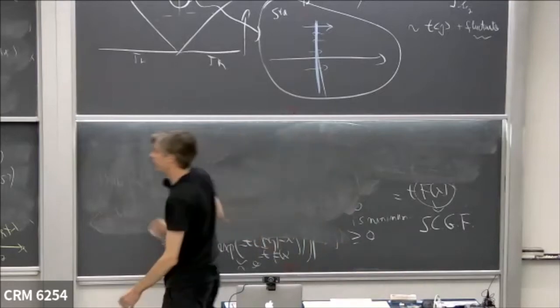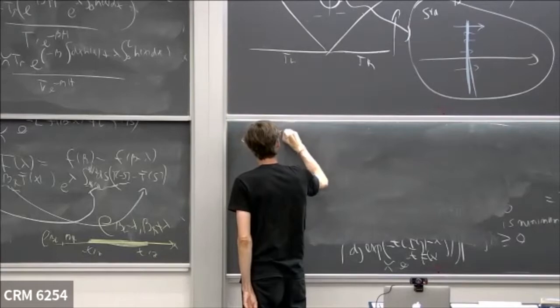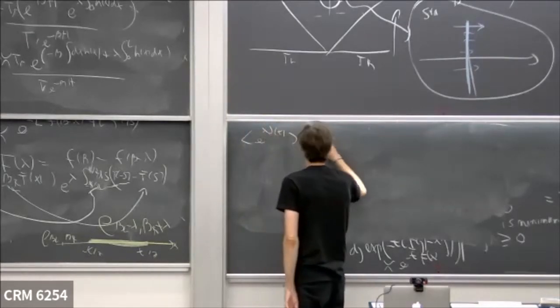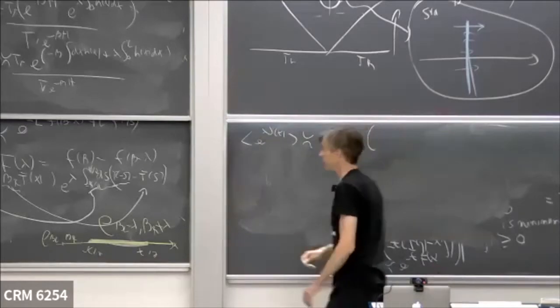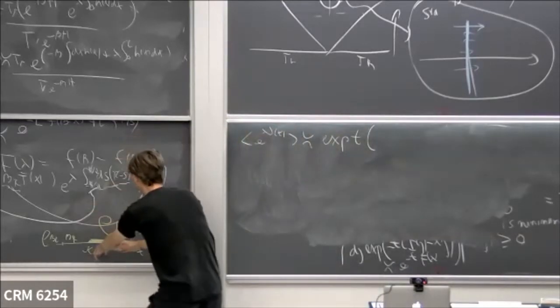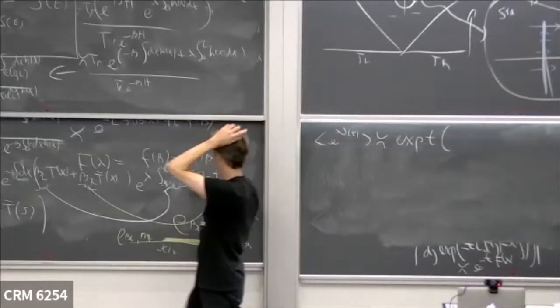So I find that this e to the lambda j of t goes like exponential t times a difference of free energy. So the region is of length t. And now I have free energy for beta left.